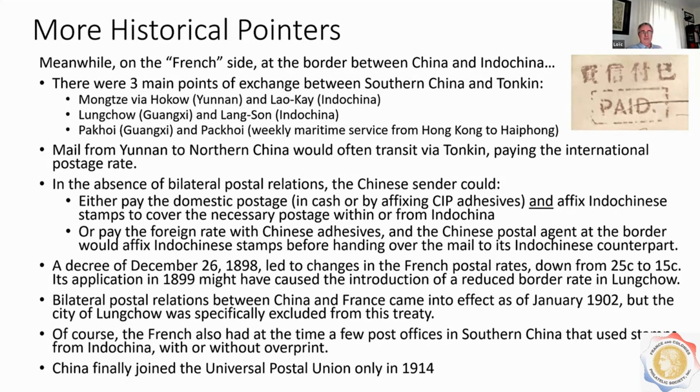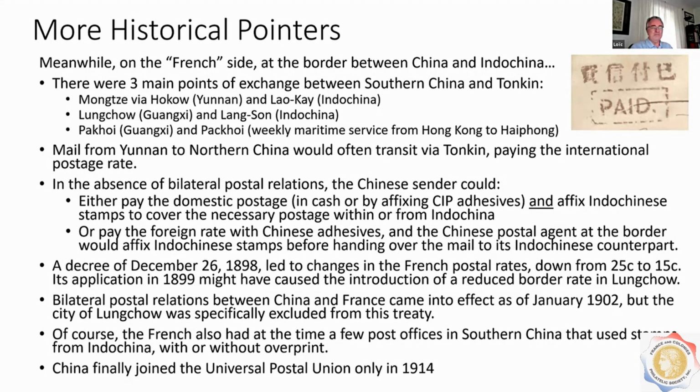Effective January 1st, 1902, there was finally a bilateral relationship between France and China for the mail. But apparently the city of Longzhou was a little bit different in its status, and it was specifically excluded from this treaty. So other border towns might have finally seen the Chinese stamp being recognized in Indochina, but for Longzhou, or Long-tcheou in French, that was not the case.